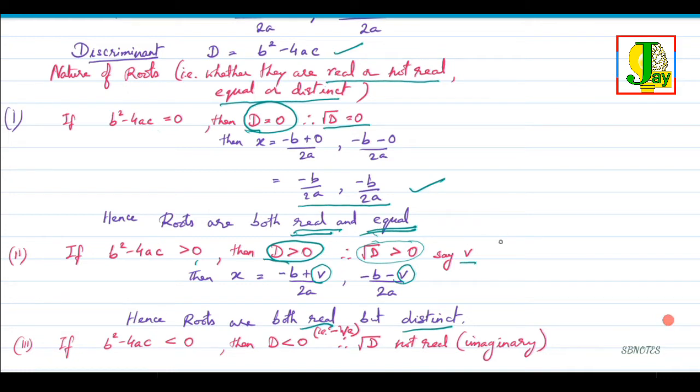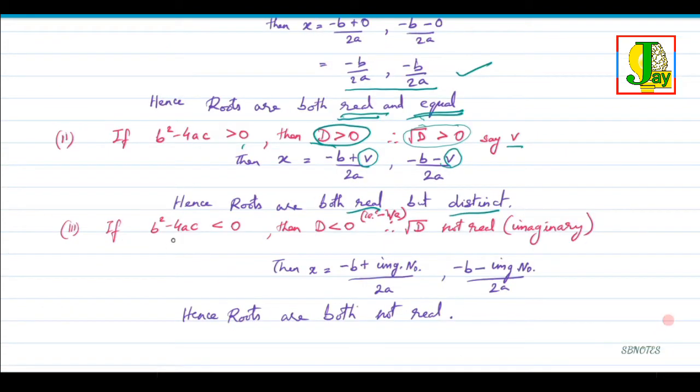Now let us see the third and the final condition, and that's when d is less than 0. What do you mean by less than 0? That's a negative number. So this value is not real, that's imaginary.